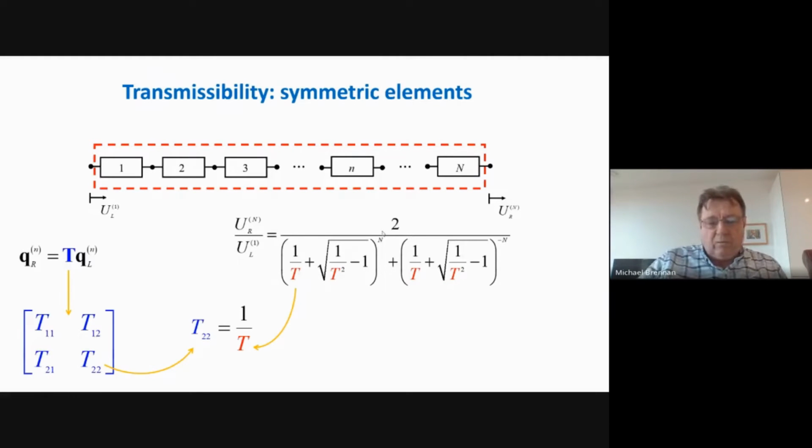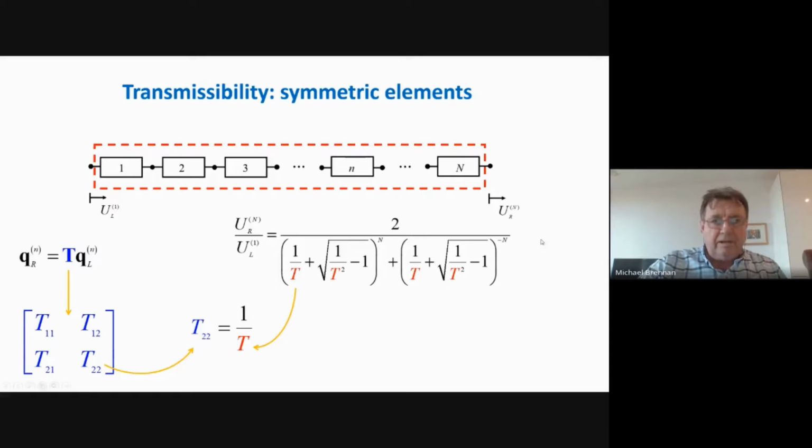So what I'm going to do now is to further restrict the problem to one where we use symmetric elements. Now, when you have an infinite structure, it doesn't matter whether your elements are symmetric or not.